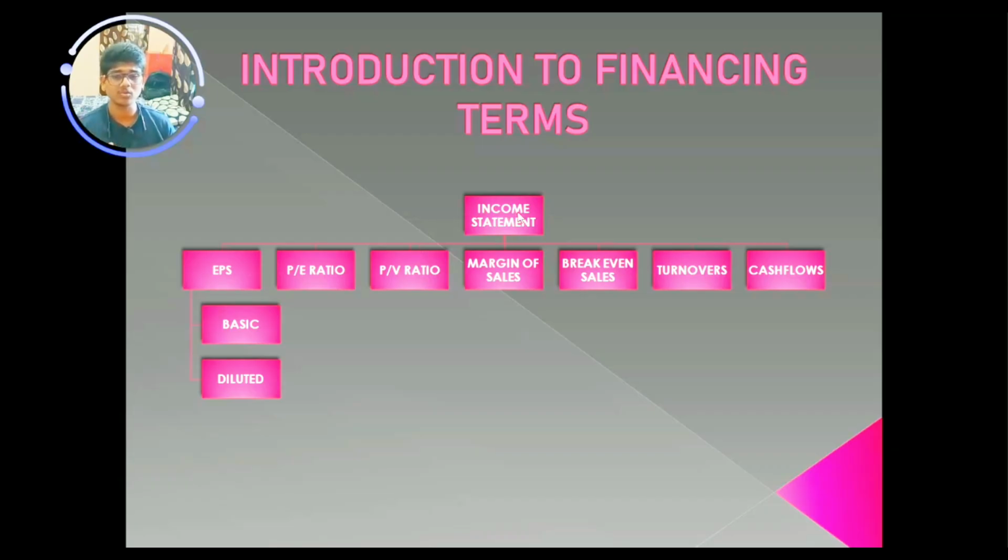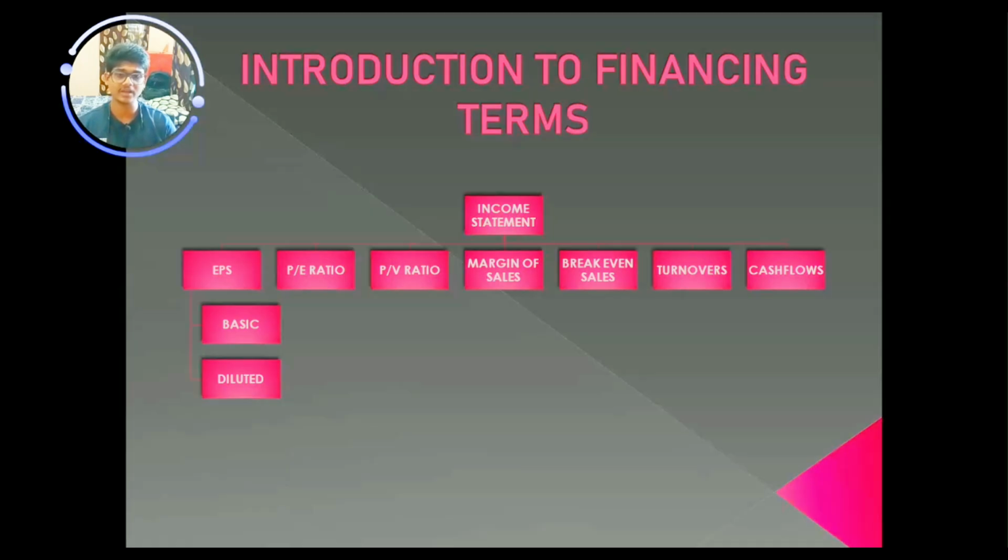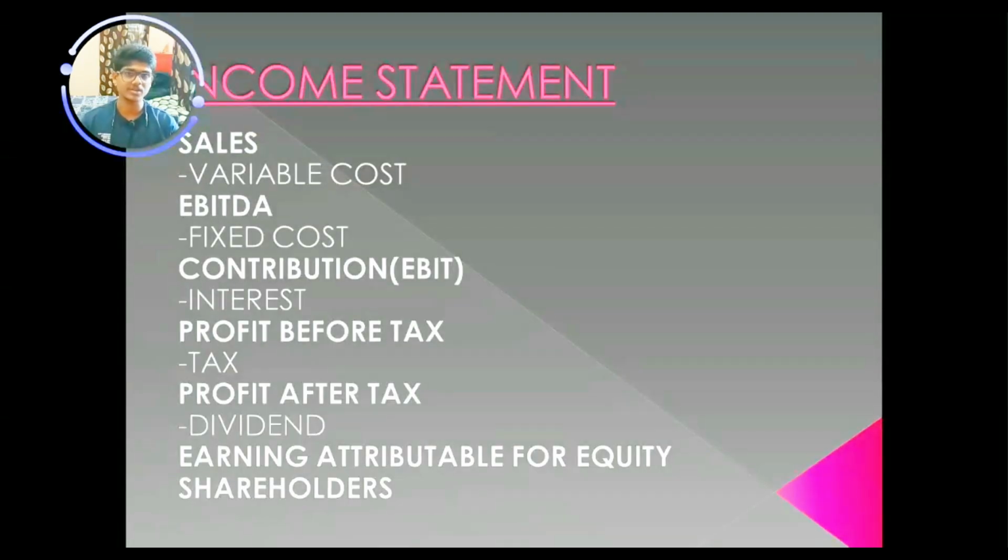So the income statement is a broader term. There are many more terms also which are defined, but at this point I can remember only these. So let's move towards our second slide, which is income statement.